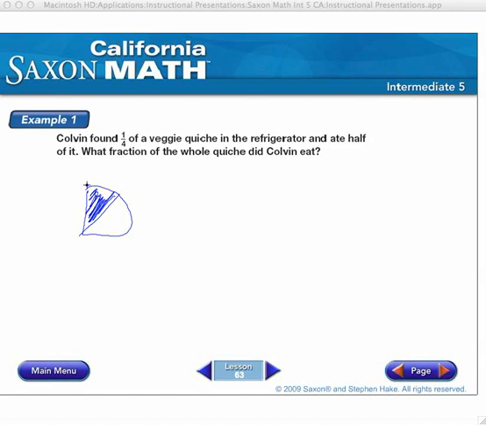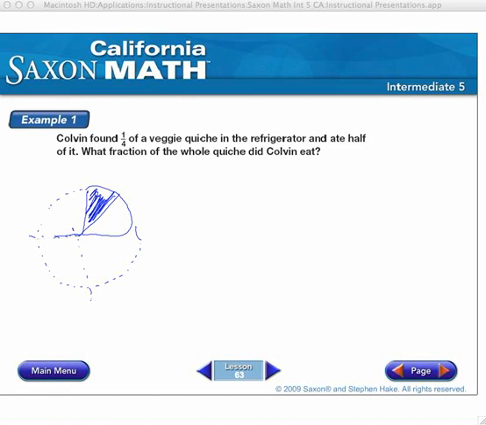So we need to figure out, if I was to make the rest of my quiche here. Okay, so here's the rest of my quiche. Here's the 1/4 that was left, but he ate half of that 1/4. So we need to figure out what this fraction was.